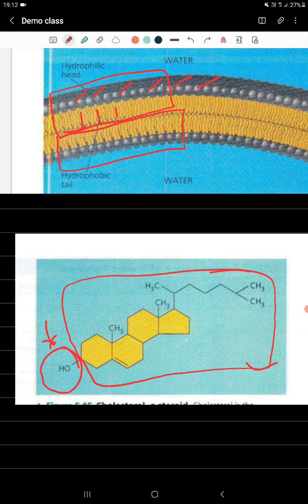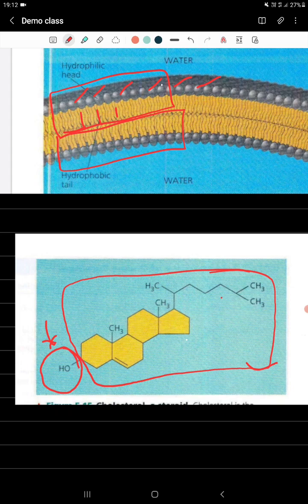To avoid this condition, cholesterol comes as a help. This OH group puts a hindrance in the molecules of the lipid bilayer coming close together. Every lipid molecule would be very close at low temperature, but the hydroxyl group of the cholesterol puts a kind of kink.